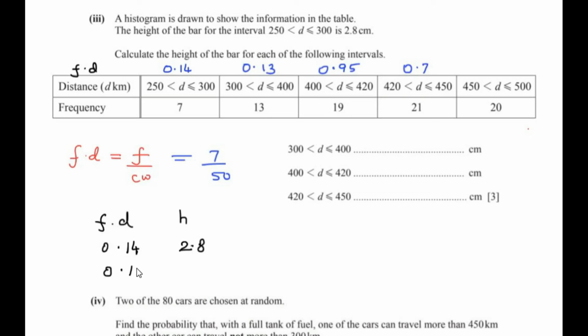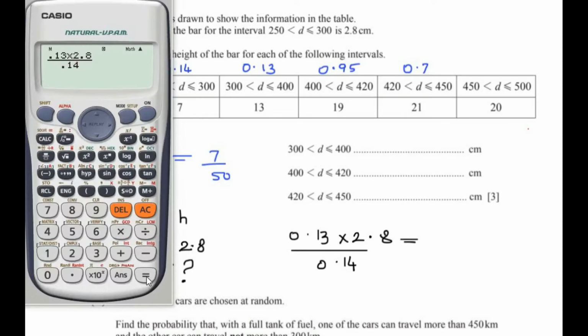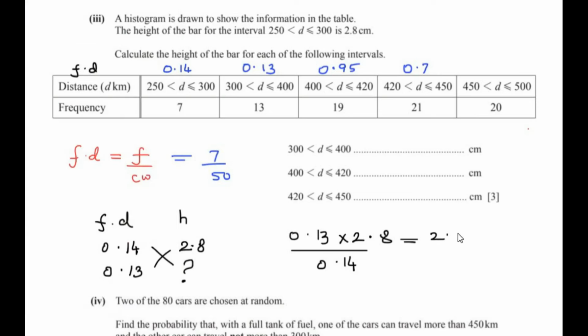This is a kind of cross multiplication relationship we have created. So let us see what is the height of the second class interval. Cross multiplying, 0.13 multiplies with 2.8 and this gets divided by 0.14. So let us see how much we get here. This will give us the value as 13 over 5, or in decimals it is 2.6. So we have got the height of the second class interval as 2.6.